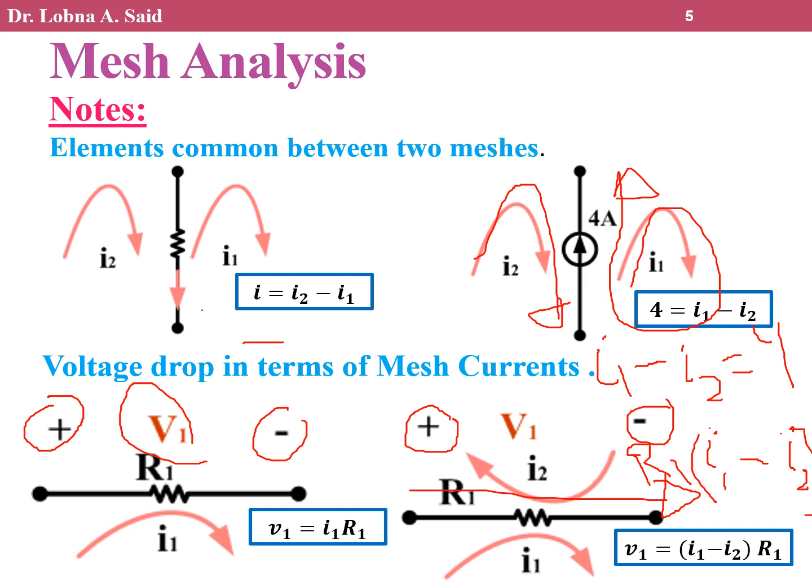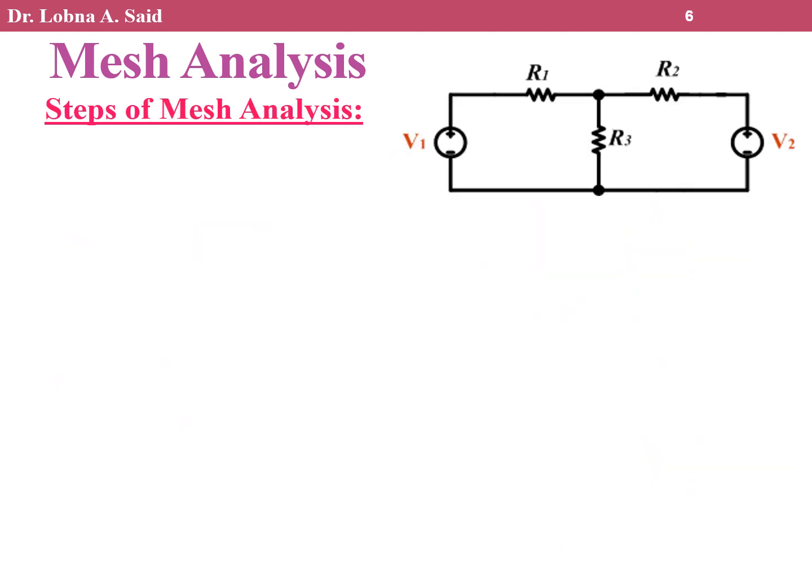Okay. As I told you, mesh analysis is a systematic technique, a systematic way. We are using specific steps to write the equations, and the number of equations is according to the number of meshes. So first, let's see how to write these systematic equations.